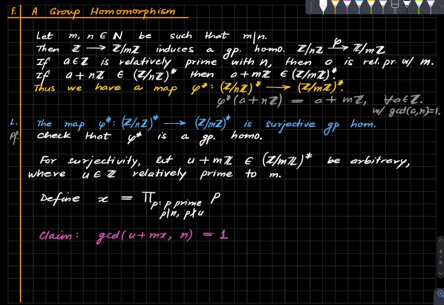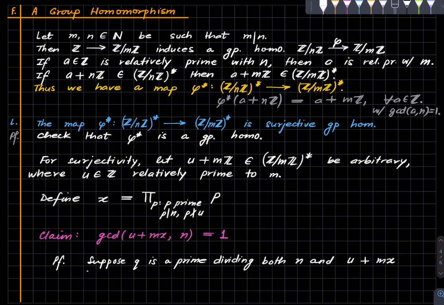That's a simple exercise. Suppose q is a prime dividing both n and u plus mx. We want to produce a contradiction.